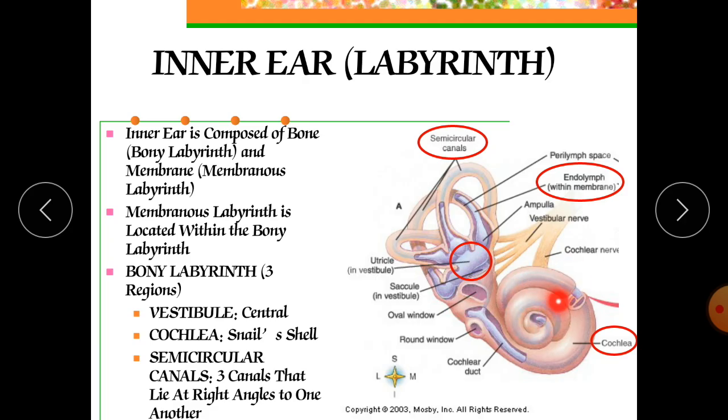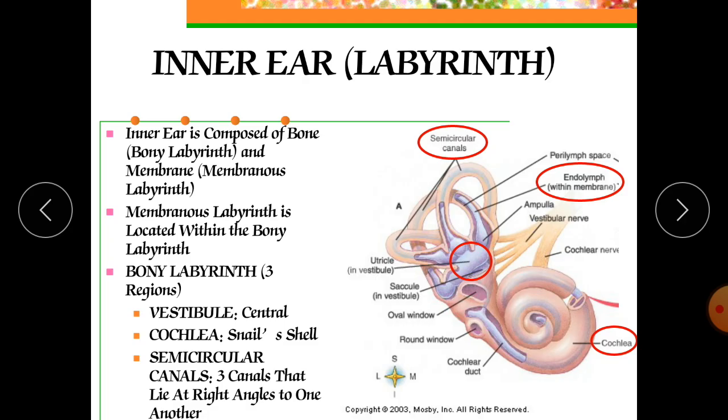It makes almost three turns, one, two and three, like a snail. It makes almost three turns around a central bony core called the modiolus.